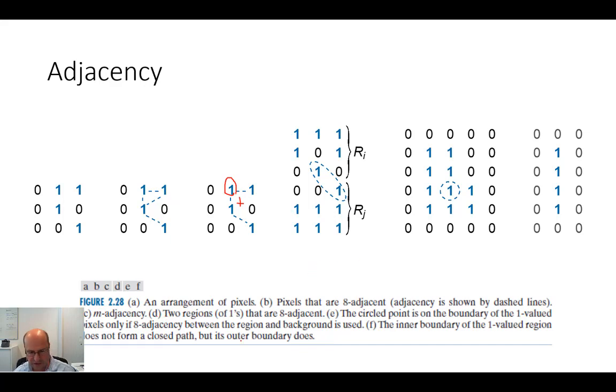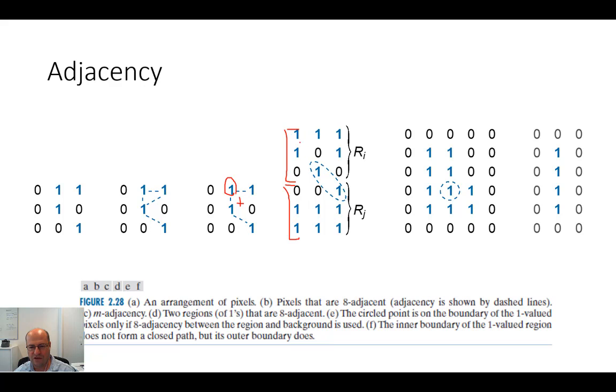We're talking about adjacency of pixels, which is a very simple measure. We can also have the same concept applied to regions. So consider that this is a region of an image, and this is another region of the image.